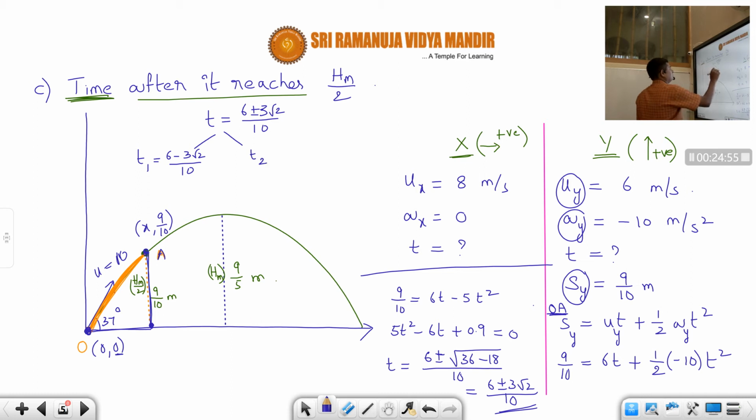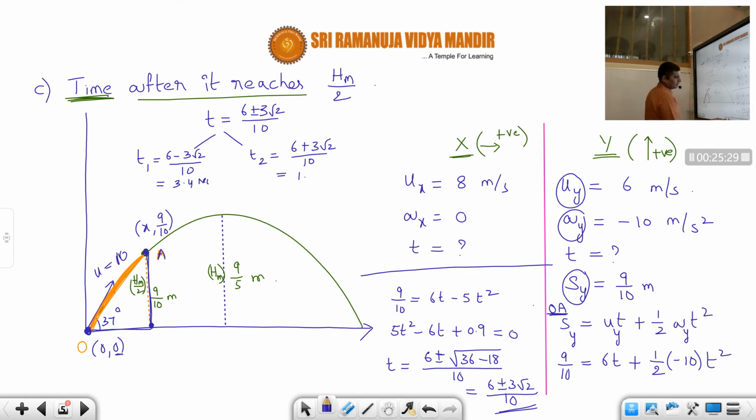Okay, next one is t2 is equal to 6 plus 3 root 2 by 10. So here both the roots are possible. 4.2 plus 6 is 10.2.